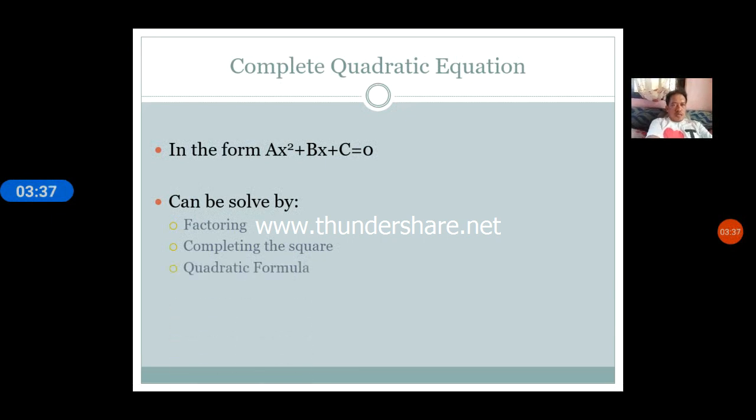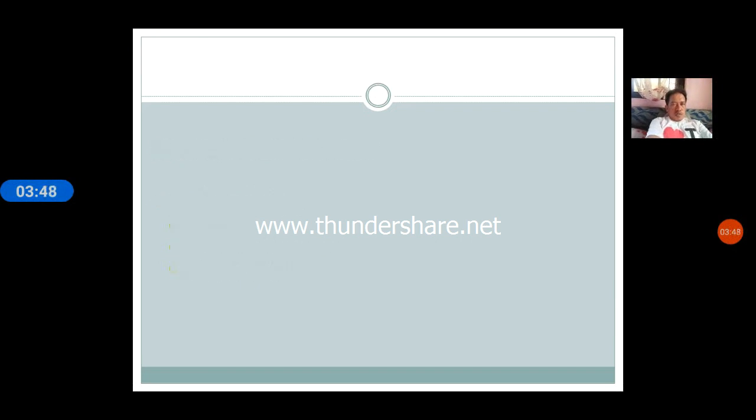And if factoring and completing the square are not applicable, then you can use the quadratic formula. That is why we have at least three methods in finding the solution of a quadratic equation. If you cannot use the first one, you can use the second, and then you can also use the third one.